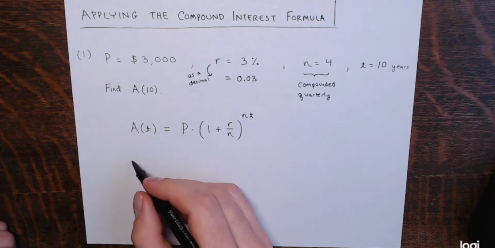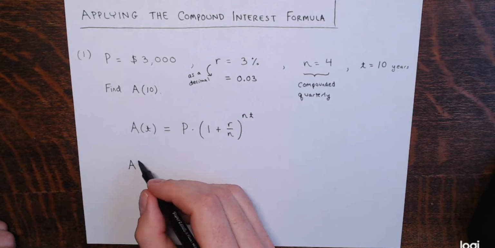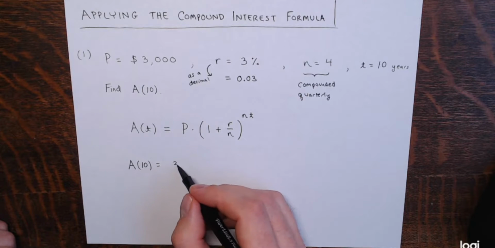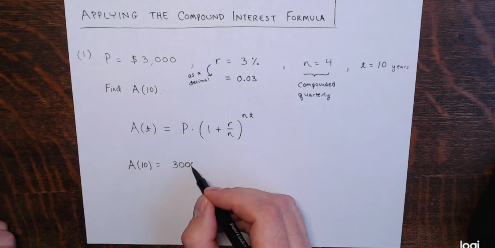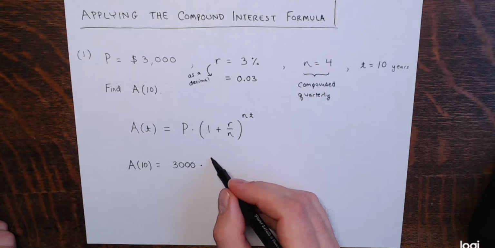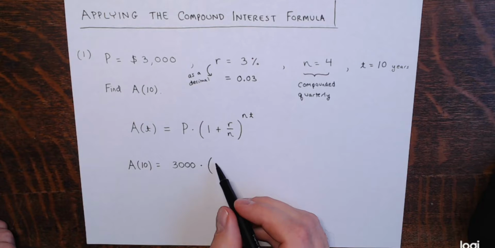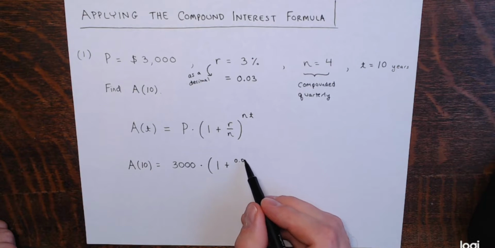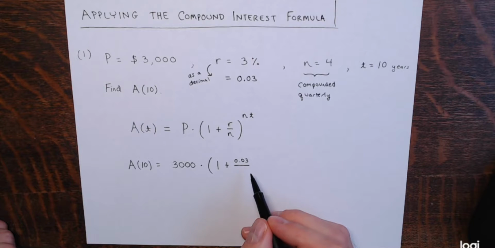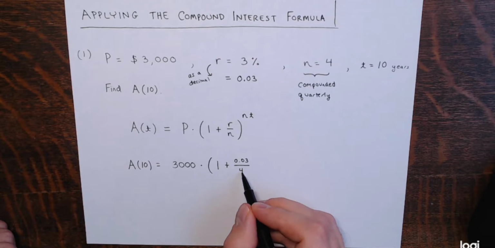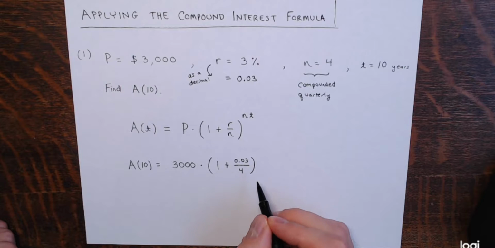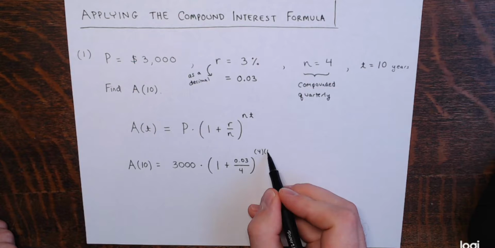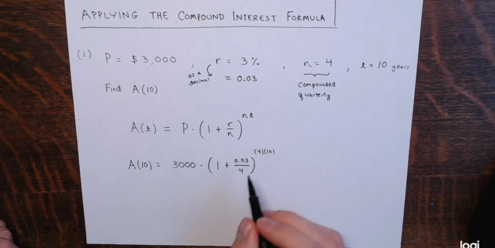So I'm just plugging in the stuff that I have, right? The amount that the account is worth after 10 years is going to be 3,000, that was the principal, times, and then the base is 1 plus 0.03 for the annual interest rate, divided by 4, and then that's raised to the 4 times 10 power, or the 40th power, right? 4 times a year for 10 years.